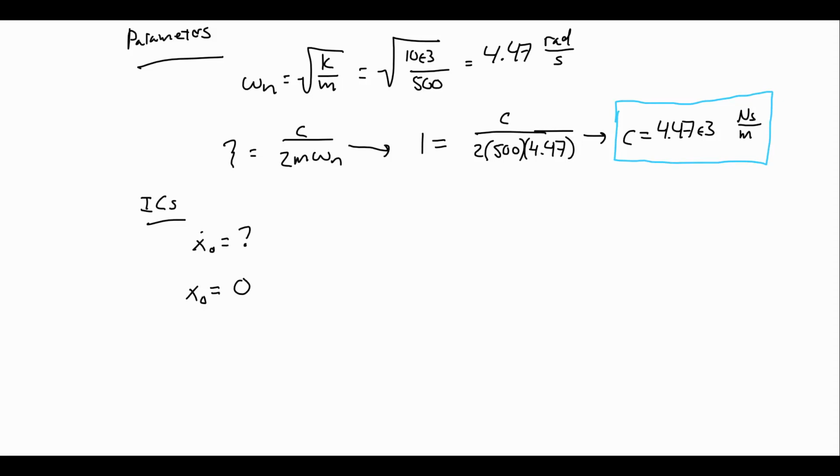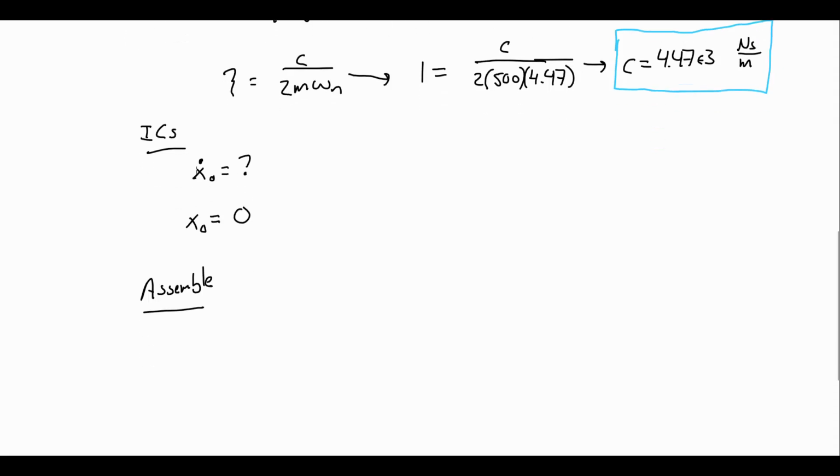So we can go to our assemble step, knowing that since we're starting at the equilibrium position, at least, with some initial velocity, we know the value of x naught. So some of the details for x of t we can now fill in, now that we know some of the parameters and at least the initial position. So remember, in general, this was going to be x naught plus x naught dot, which we don't know, plus omega n x naught, times t, times e to the negative omega n t power.